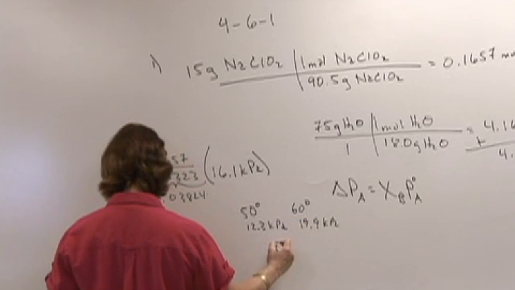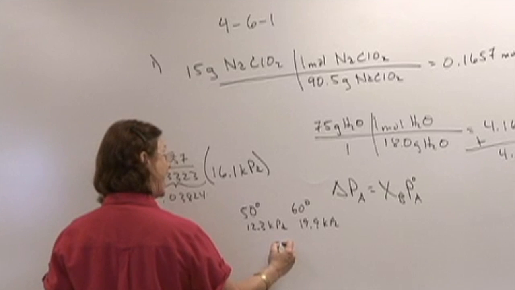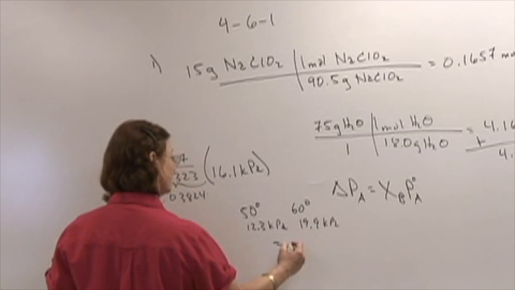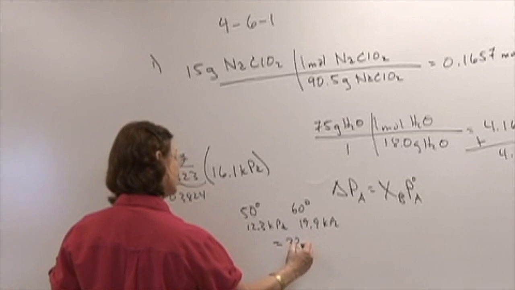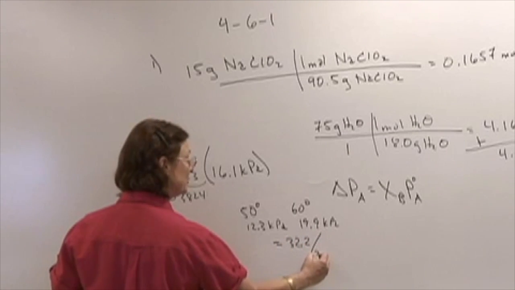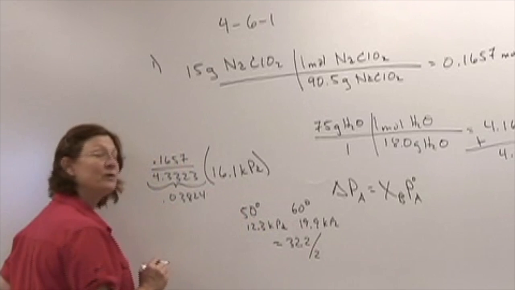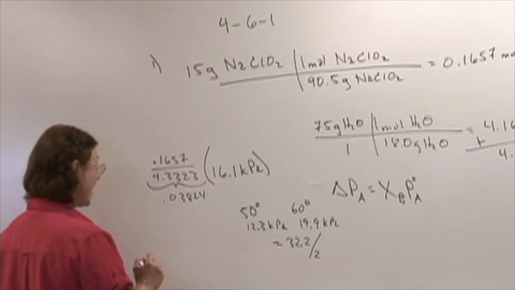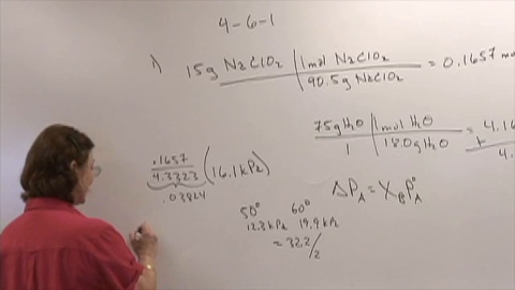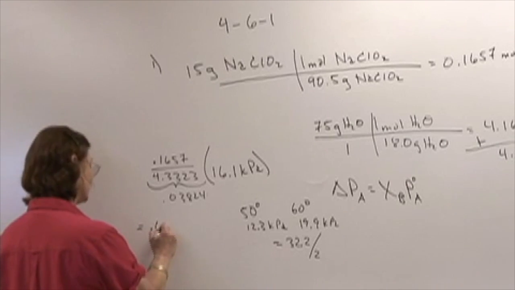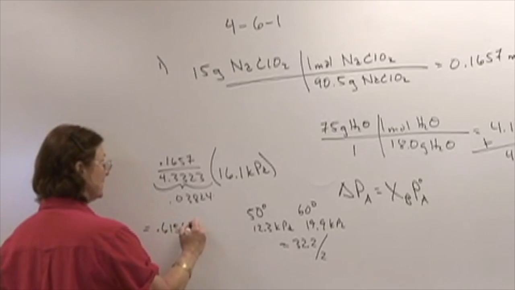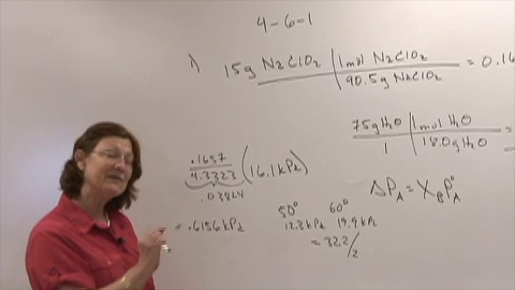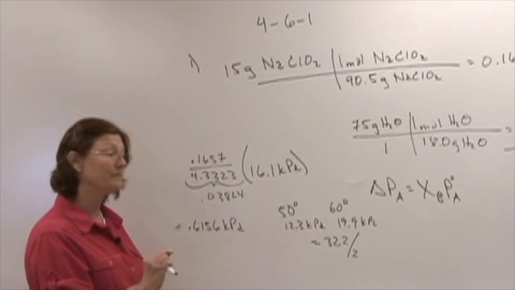And I must add them together, and that comes out to be 32.2, and I divide it by 2, and I get my 16.1 kPa as my pressure. And when I multiply those two numbers, I get a change of 0.6156 kPa is the change in the vapor pressure. Again, this is an intermediate answer.